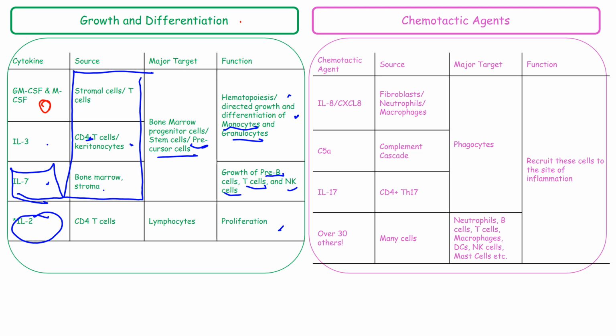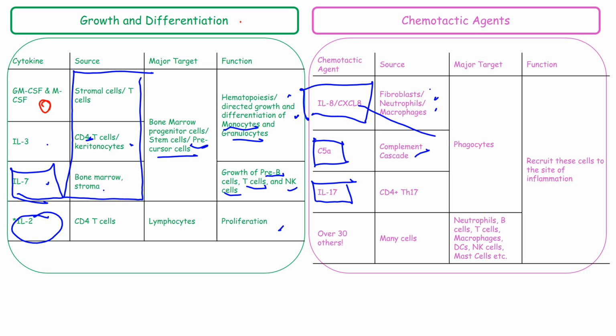This last group are your chemotactic agents. Most of these are not cytokines, but they all cause recruitment of cells. We've talked a lot about IL-8 or CXCL8, which is produced by fibroblasts, neutrophils, macrophages, a lot of cells. We talked a little bit about C5a in the complement videos, looking at the complement cascade, and I already talked about IL-17.